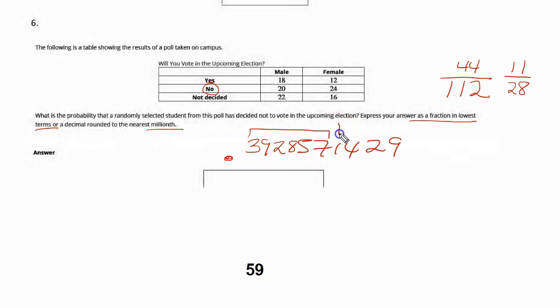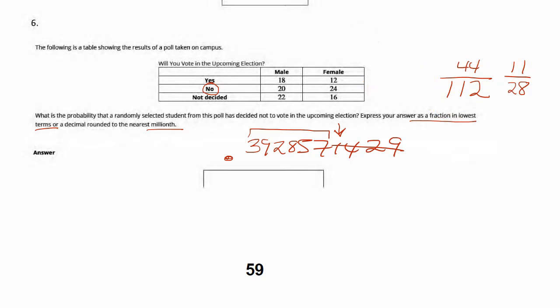You go to the 7th place, it's a 1. So you're just going to drop all of this, and that would be the answer. Now, if you can express it as a fraction, that's so much easier, because here, if you're just off by one little number, they count it wrong. But here, it's kind of an easier way to do it, but you have the option.